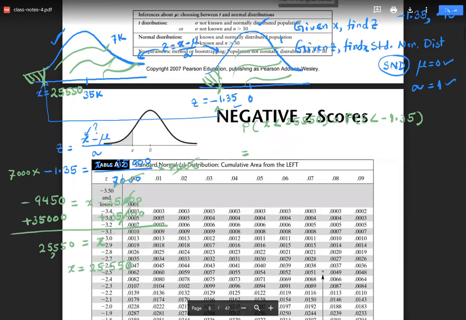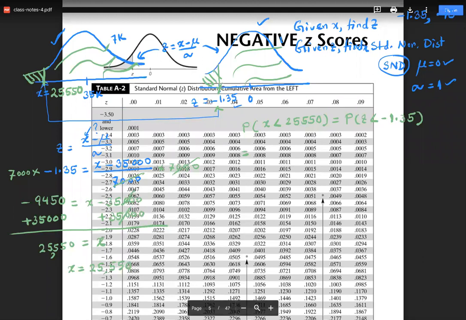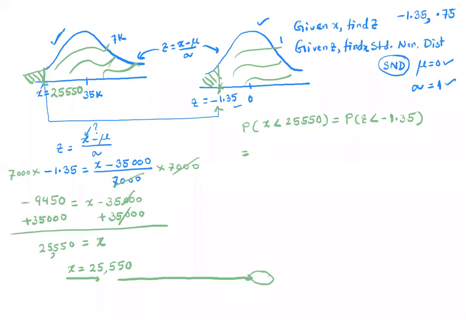Negative 1.3, then 0, 1, 2, 3, 4, 5. So it's 0.0085. So the probability that a randomly selected person makes less than 25,550 is 0.0085. Did I look it properly?